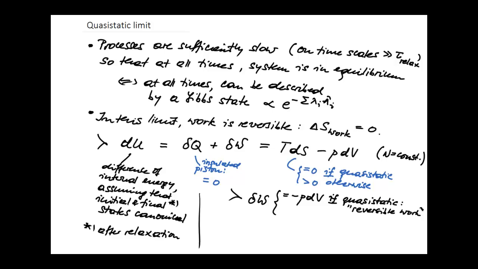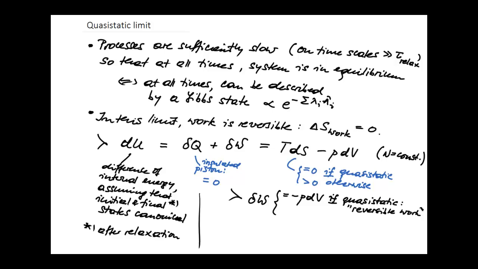If the process is not quasi-static, in our example, when you compress the piston very fast, the work that you perform is irreversible. The change of entropy is larger than 0. Then on the left-hand side, you still have delta W, so the amount of work.